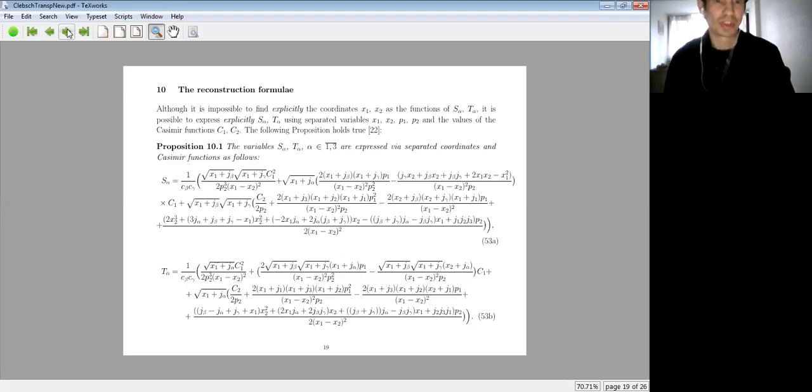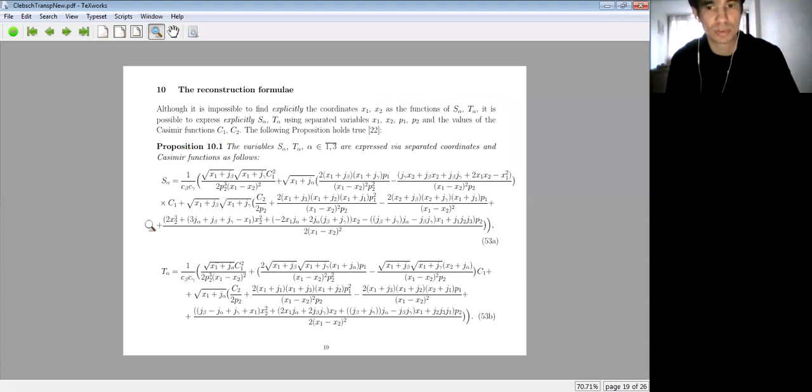And a nice thing is that despite the fact that the function v and, as a consequence, the coordinates x1, x2, p1, p2 we cannot find explicitly, the formulas of inversion, say the reconstruction formula, we can find explicitly in terms of these coordinates.